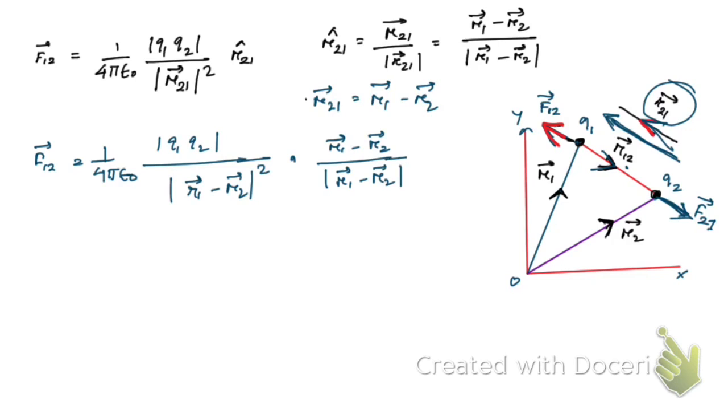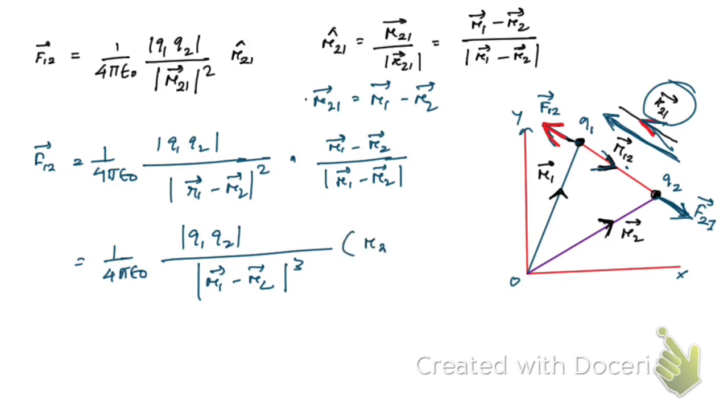Here if you multiply these two, you're going to get r1 minus r2 over mod of r1 minus r2 cubed.